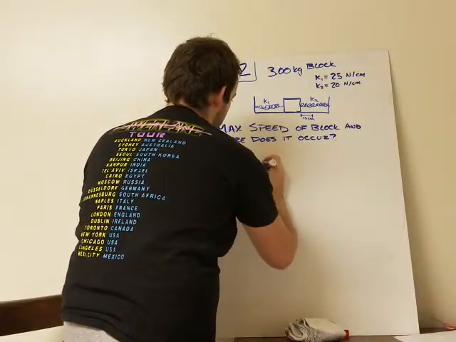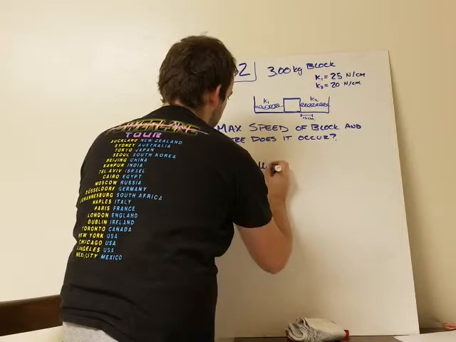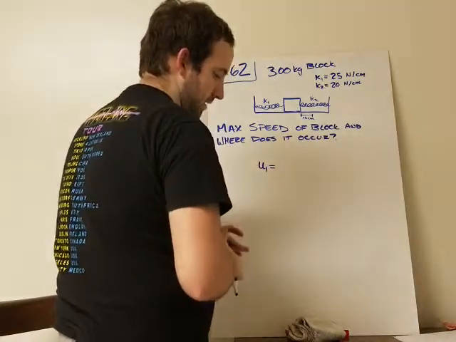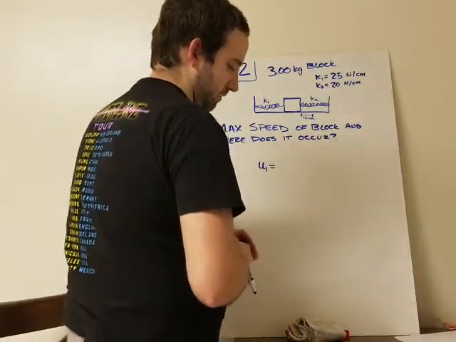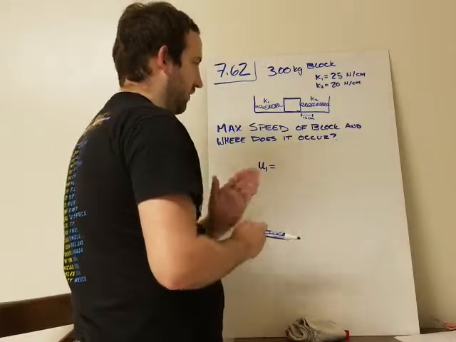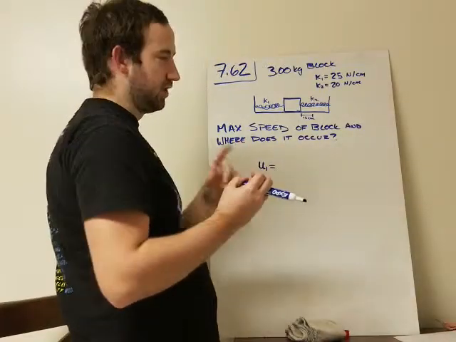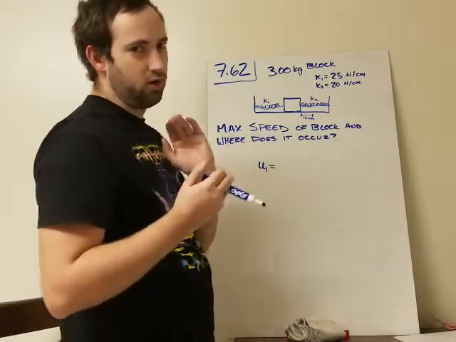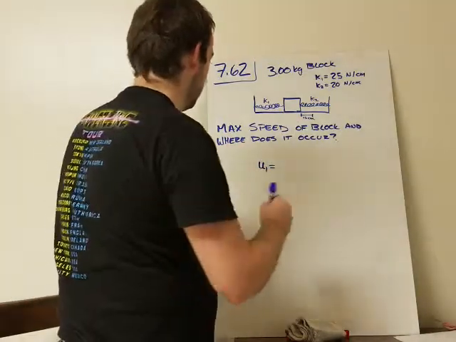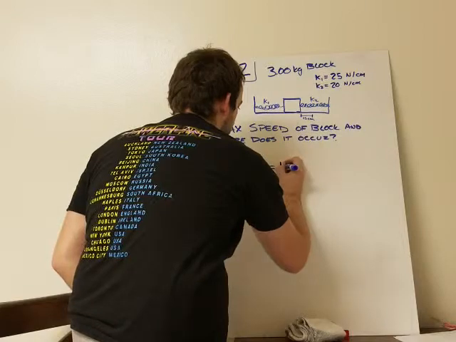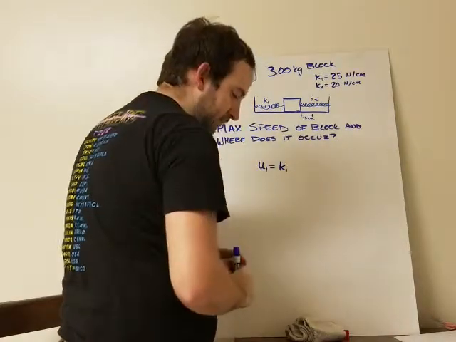So we'll have U1 equals, and since we're finding the max speed, that means there's no potential energy at the end, but all kinetic. So U1 will equal K1.